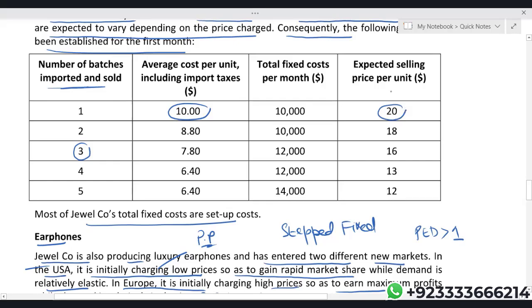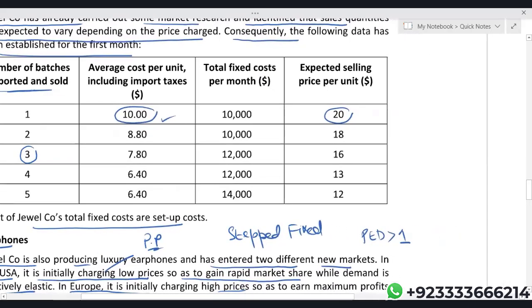It means if I just minus 10 from the 20, I'll get the contribution 10. How to calculate profit? I'll tell you. Profit is equal to 20 minus 10, I'm getting 10. One batch means 1,000 units. Logically, this will give me the contribution, but I need to find out the profit, minus the fixed cost. Fixed cost is 10,000. Logically, the profit is 0.